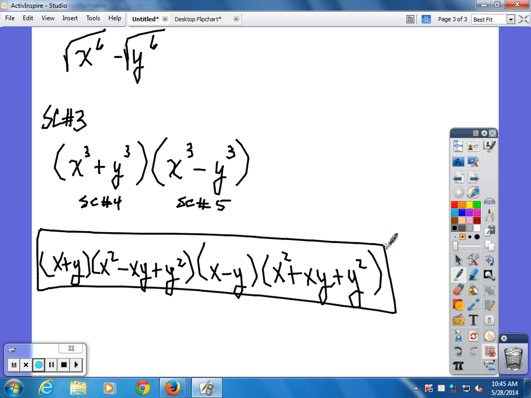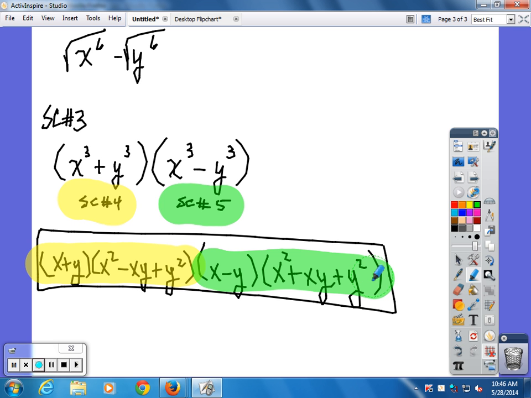So I'll take a handy dandy highlighter and we'll color shortcut number 4 right there, and shortcut number 5, there it is.